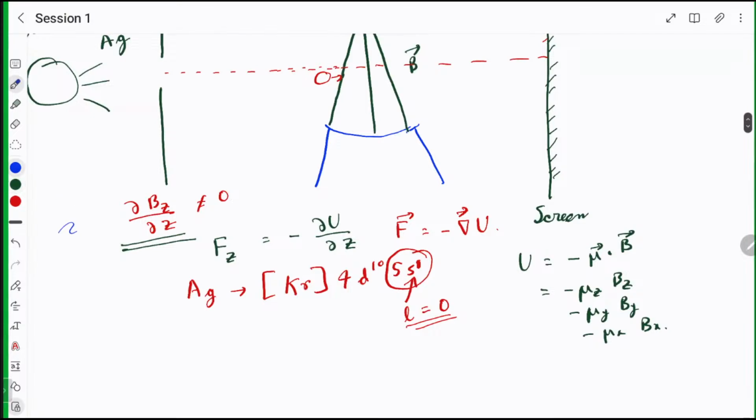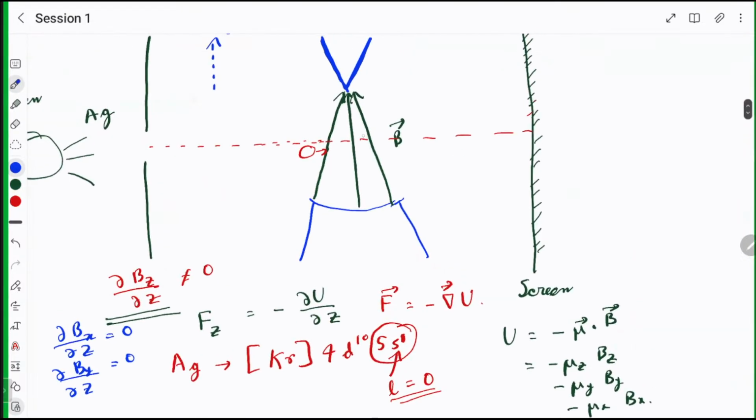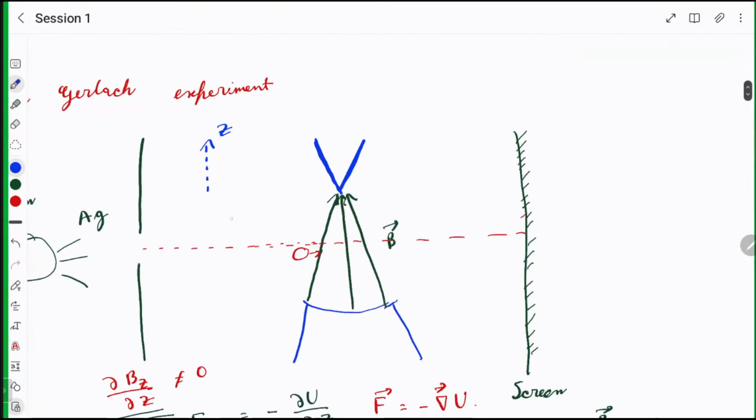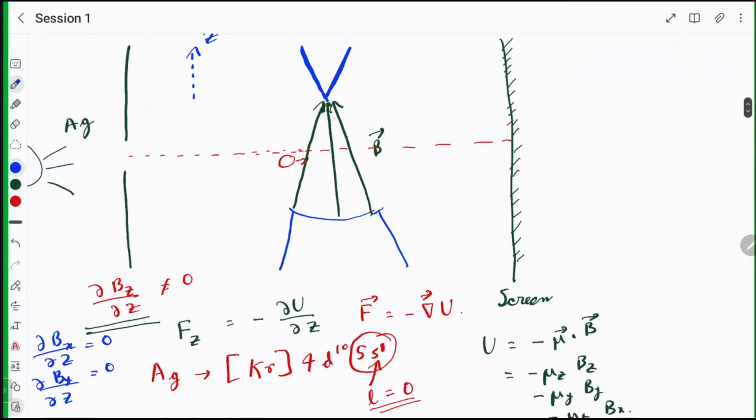We will also have del Bx del z zero and del By del z zero. In other words, the x and y components of the magnetic field would not be changing along the z direction. Only the z component would be changing along the z direction.